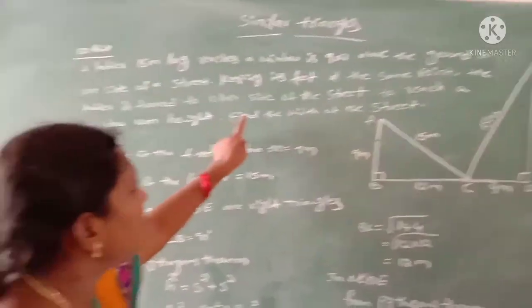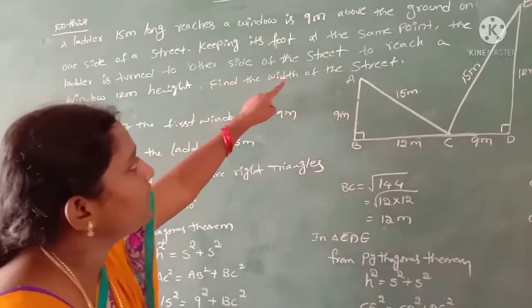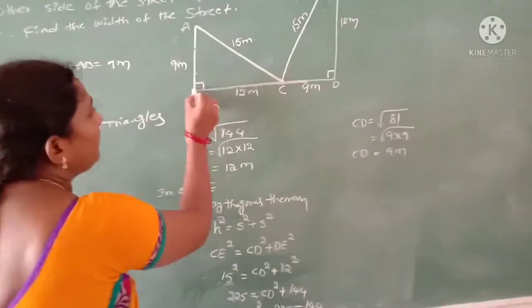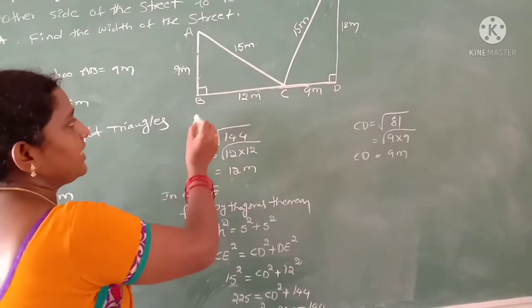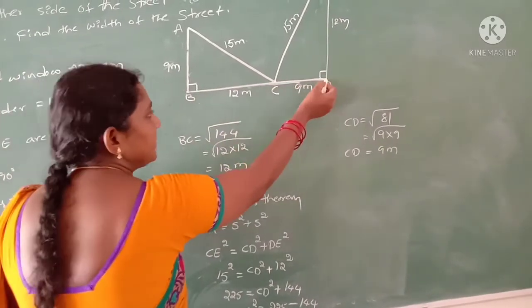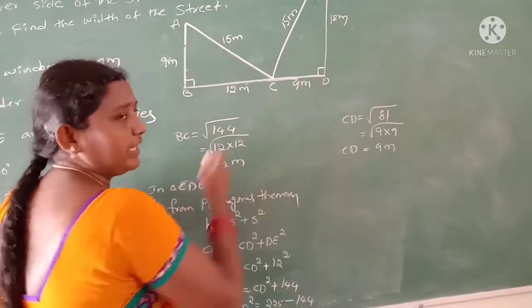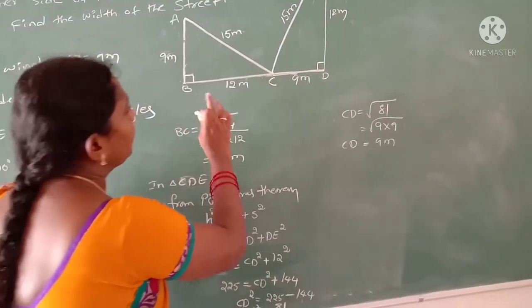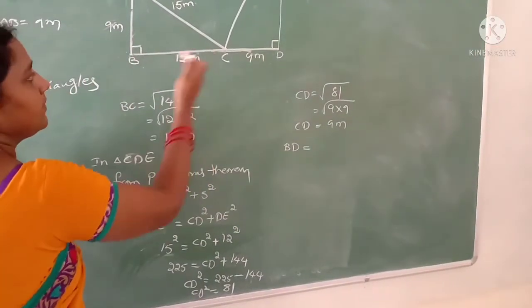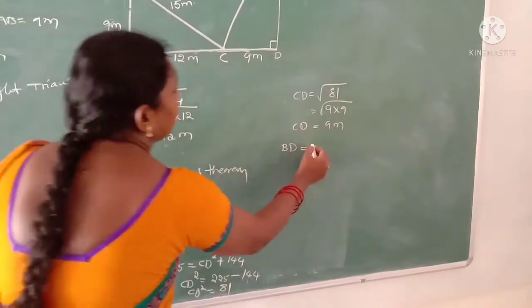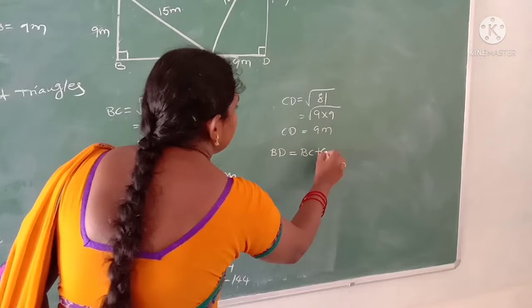What do we find in the problem? Find the width of the street. So BD is the width of the street. It means BC plus CD is the width of the street. So BD equals BC plus CD.